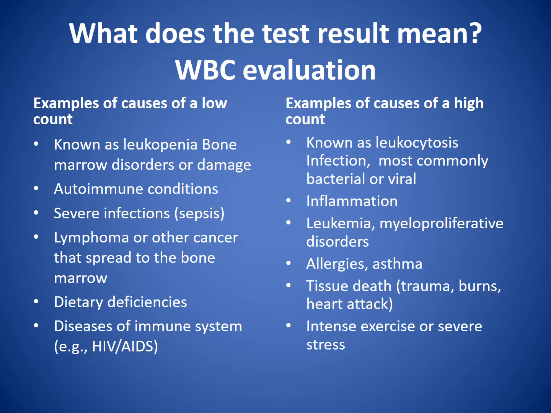Again, could it be bacterial or viral? Could it be a leukemia? Is this related to an allergy? Do they have massive tissue death occurring, or have they engaged in a strenuous exercise or are under severe emotional stress? So there's a lot that can go into it. Here's where we have to really understand how do we use our chief complaint, HPI, and our ROS to really nail down what is it that could potentially be occurring.